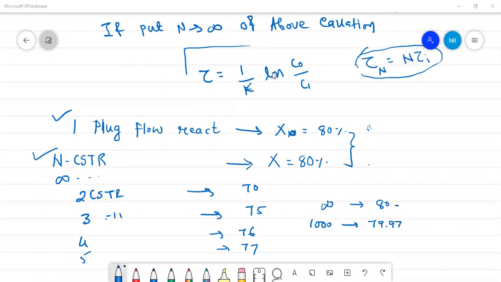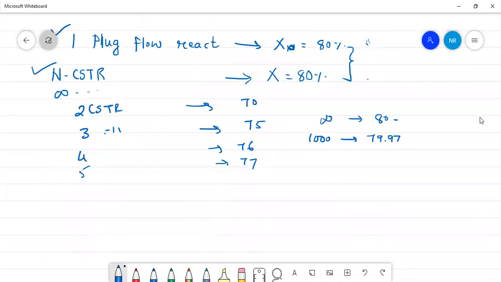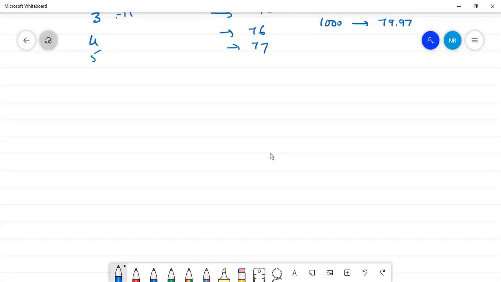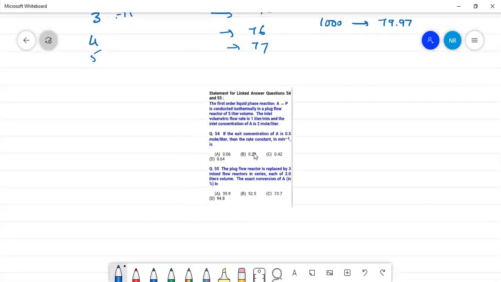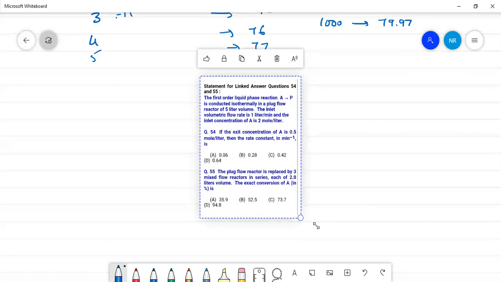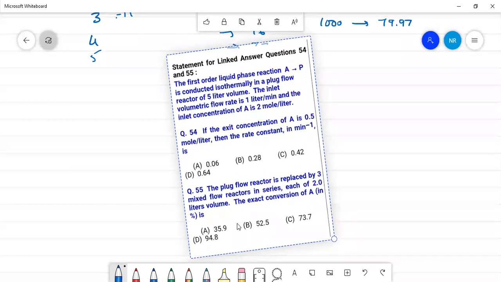Let me first say which one will be the example. So just stay 5 minutes. Within 5 minutes, I would like to paste the example.